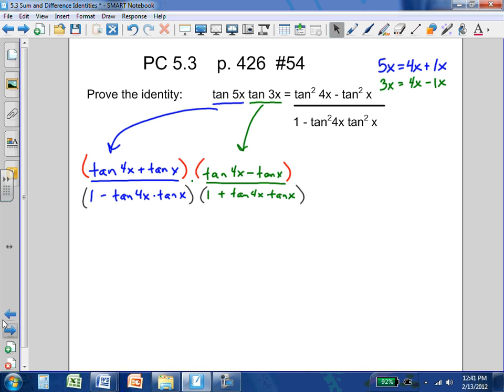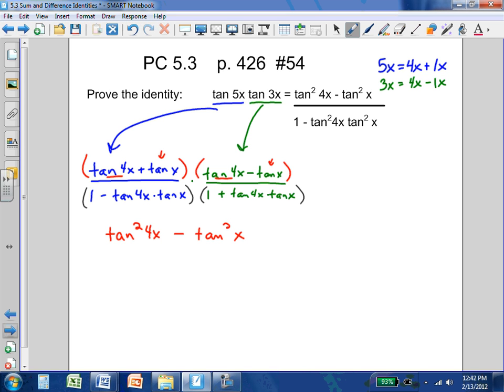So what's going to happen is we take tangent of 4x times itself, and we're going to have tangent squared of 4x, that comes from this times this. And then the middle terms will cancel out like we just spoke about, and the next term, when we take this times this, will be minus tangent squared of x.